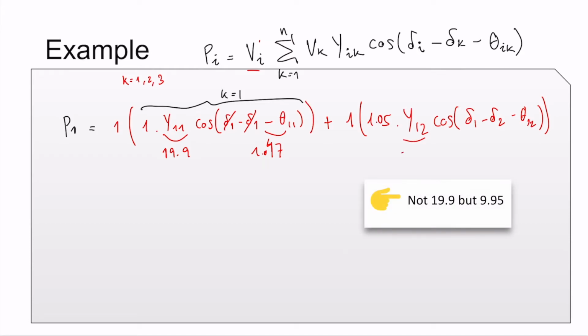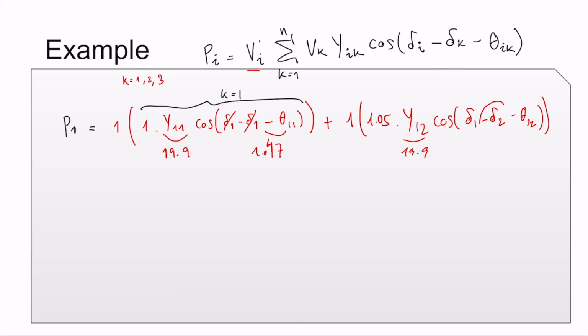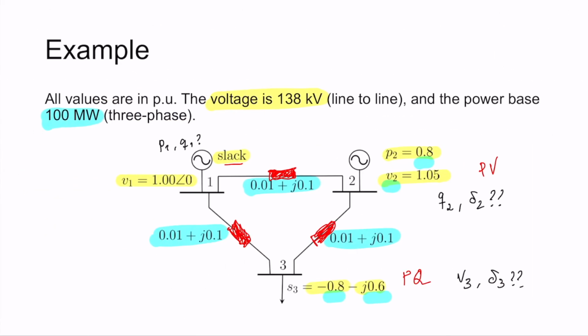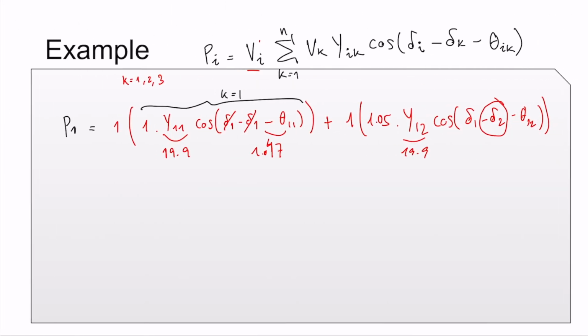This element is 19.9, and I'm replacing it inside here. Delta 2 is not known. I have no information of delta 2, it's a variable, it's an unknown. This one is 0, so I have this element.